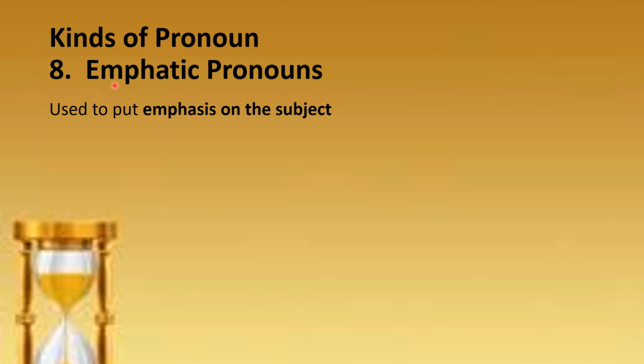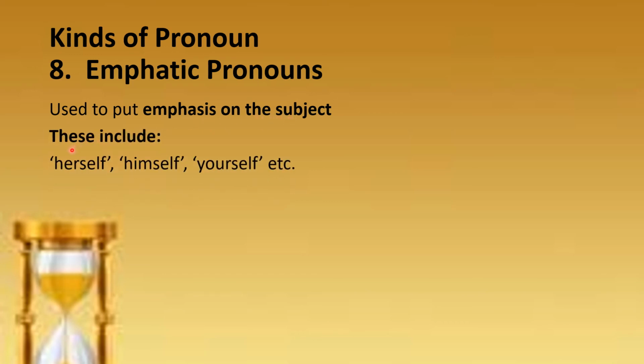Let's talk about emphatic pronouns. They are similar to the reflexive pronouns. They are used to put emphasis on the subject, and they include herself, himself, yourself, etc. All the pronouns ending in self or selves are emphatic pronouns.